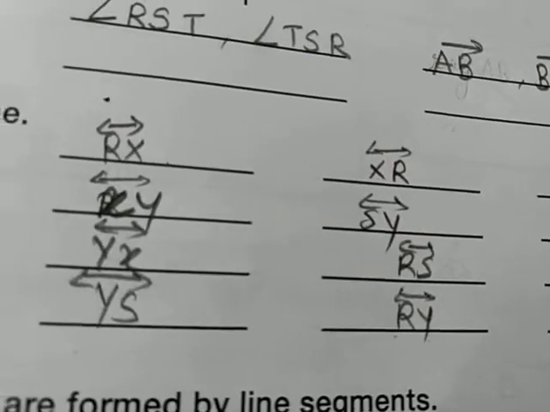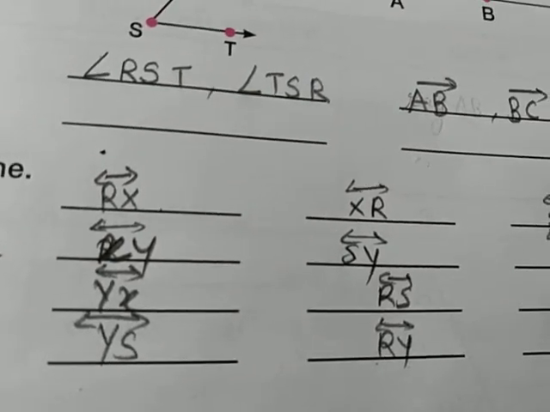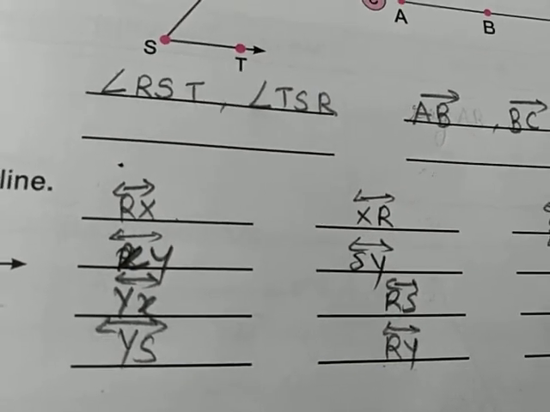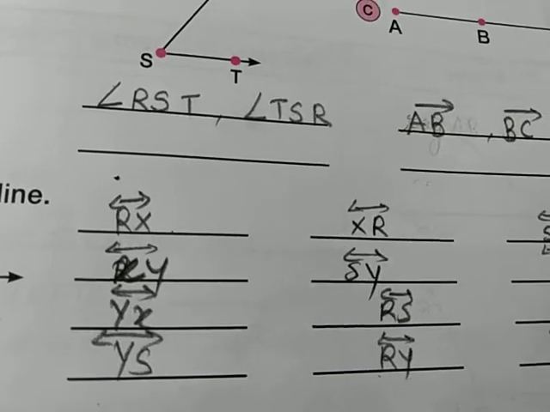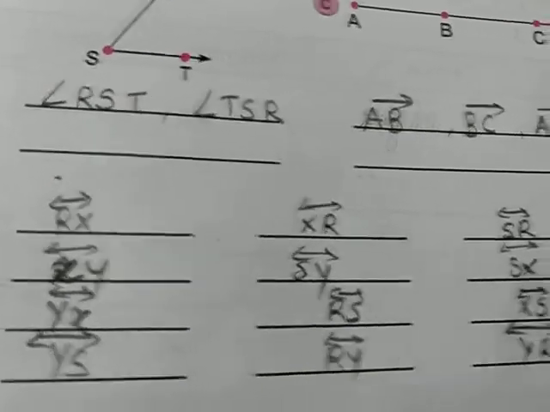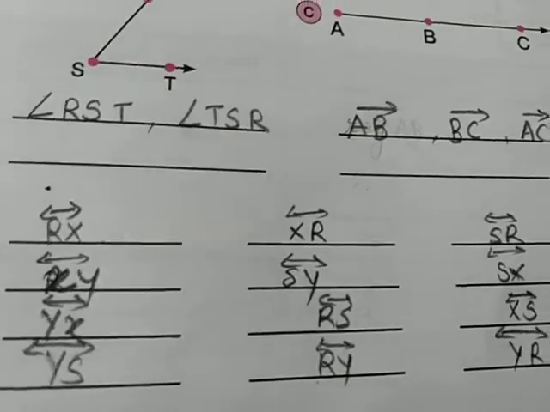Got it, children? In this way, you have to put arrows on the line. You can write line RX also, otherwise you can write RX and give a symbol at the top. In this way, you have to write the 12 ways of this line.